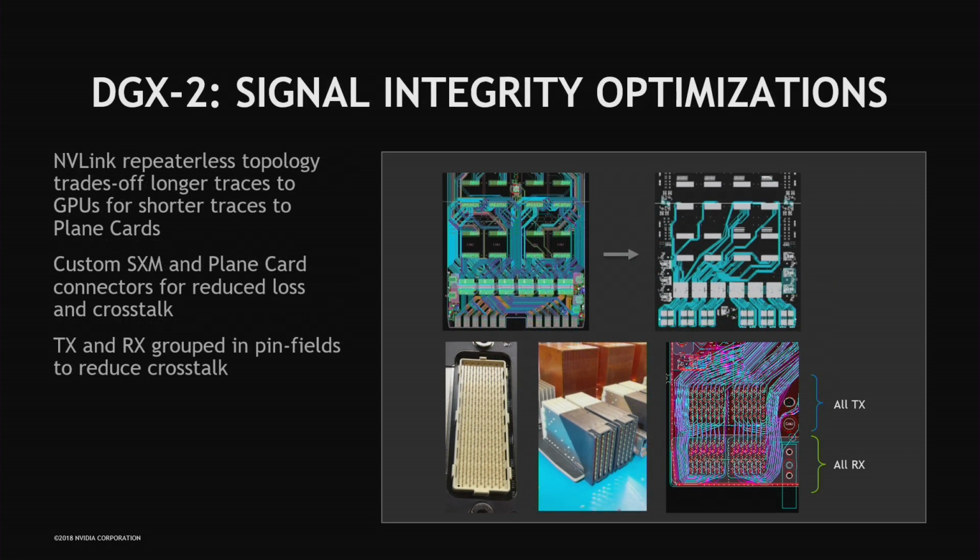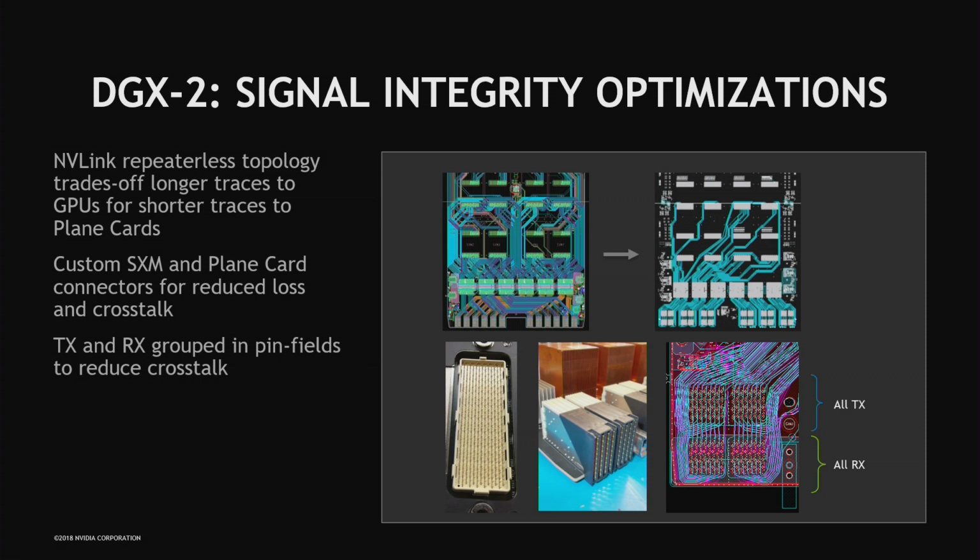Okay, so as I mentioned, maintaining signal integrity was a big problem, right? We needed to keep below bit error rates of 10 to the minus 12, a lot of links, all going very fast. And we basically had to optimize everything. It took forever. Even the basic structure of the network itself: at one point anyway, we were considering building blocks that actually had quads of GPUs talking to triplets of switches instead of 8 talking to 6.